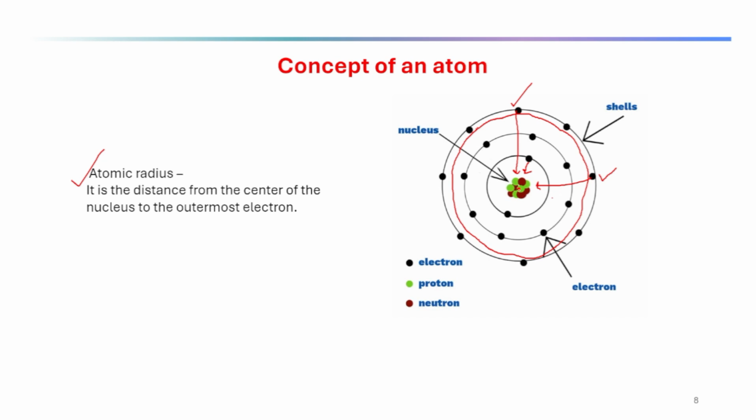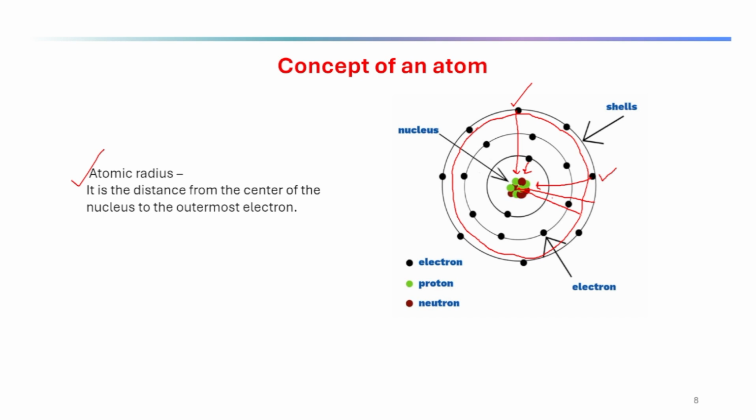So originally the atomic radius was from here to here, this distance, right? But as the electrons are feeling some attraction towards the center, the orbit will shrink. The last orbit is shrinking. So now the actual atomic radius is this much. So the atomic radius has also shrunk.